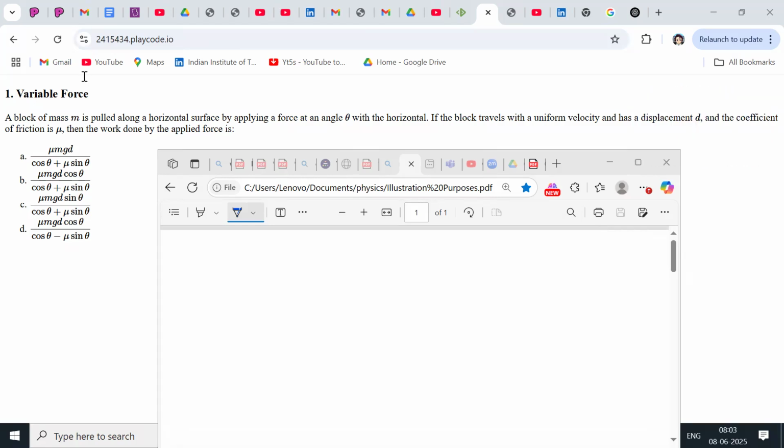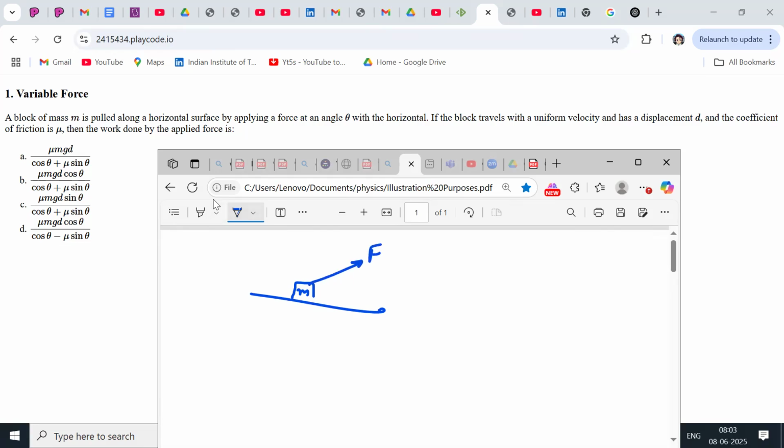A block of mass m is pulled along a horizontal surface. So let's draw the mass. And this is pulled along a horizontal surface by a force at an angle of theta to the horizontal.